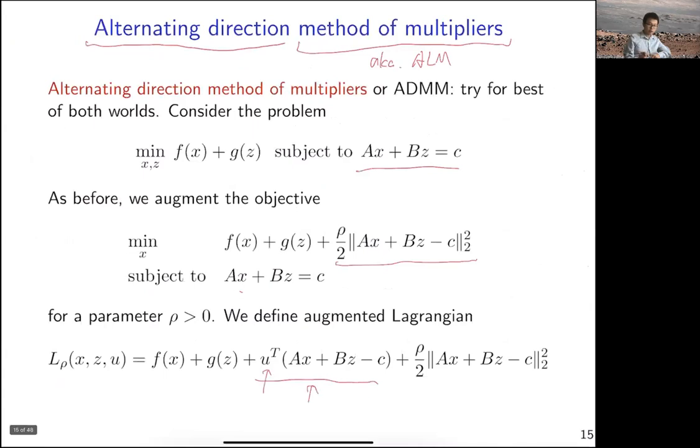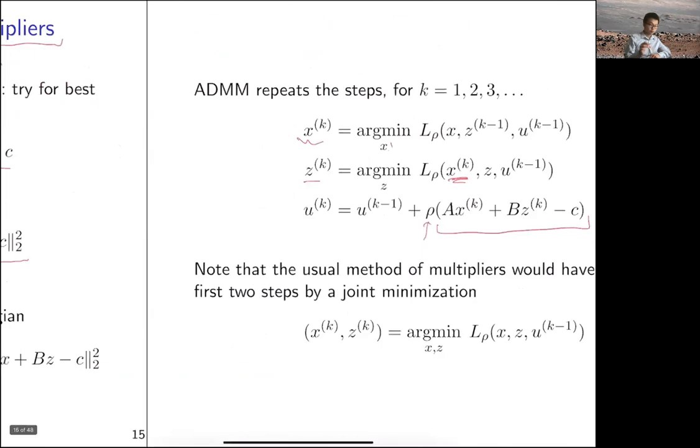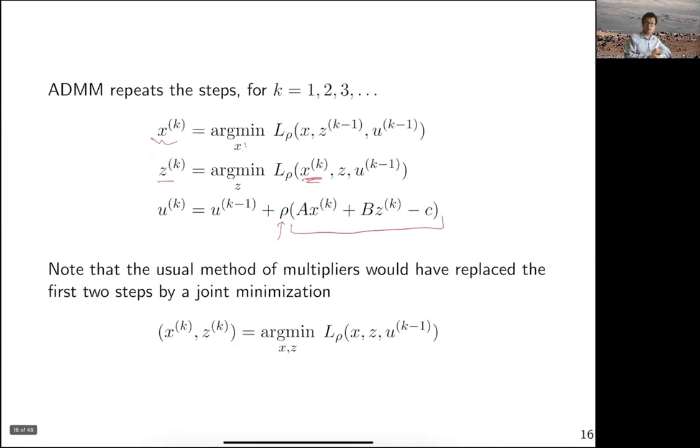So you can calculate the gradient to be simply the residual of your constraints. Then you move in the direction given by the residual with a learning rate that's pre-specified here by rho. So three simple steps in every iteration, and each step depends on the update of the previous one. You can think about this as some kind of block coordinate descent of this saddle function over x and z, and then you do one step of gradient ascent in the dual.